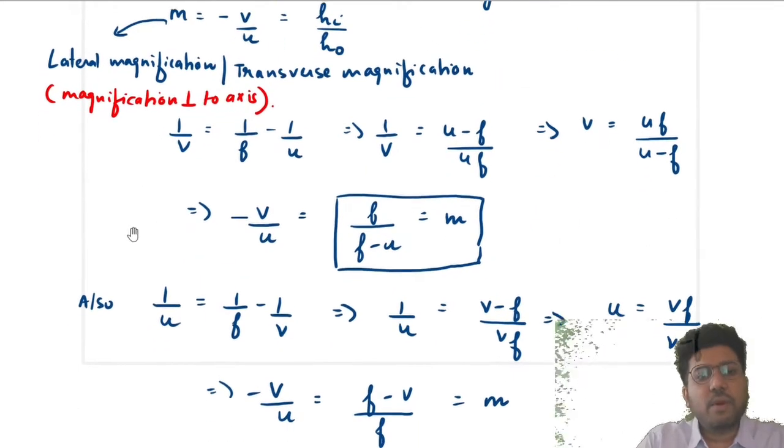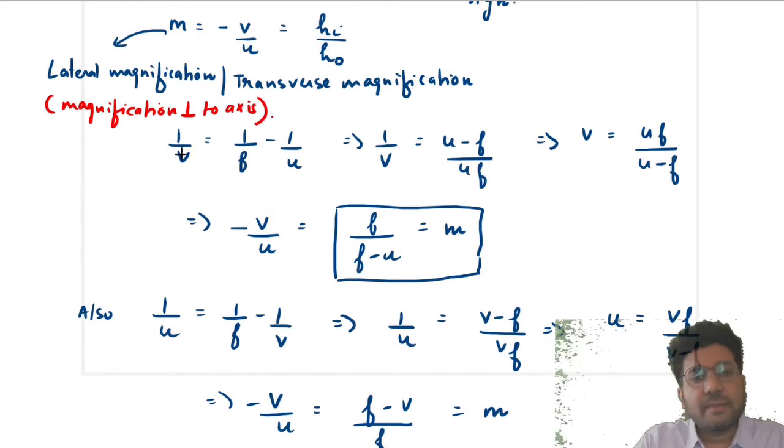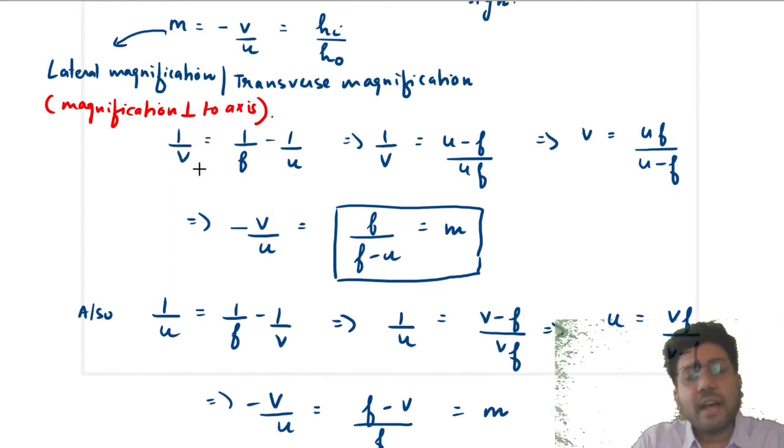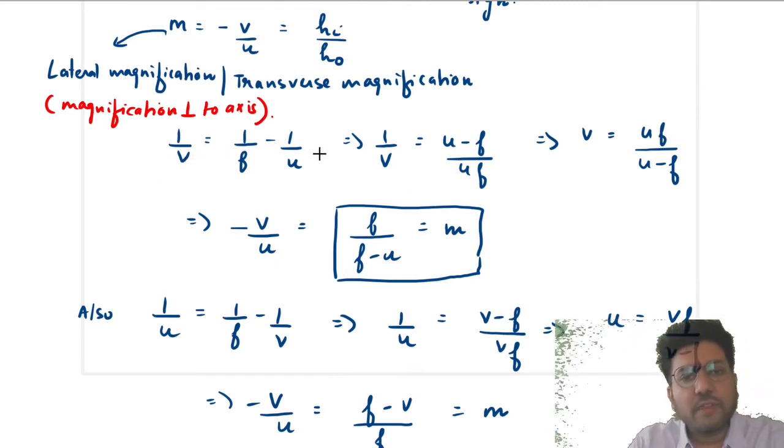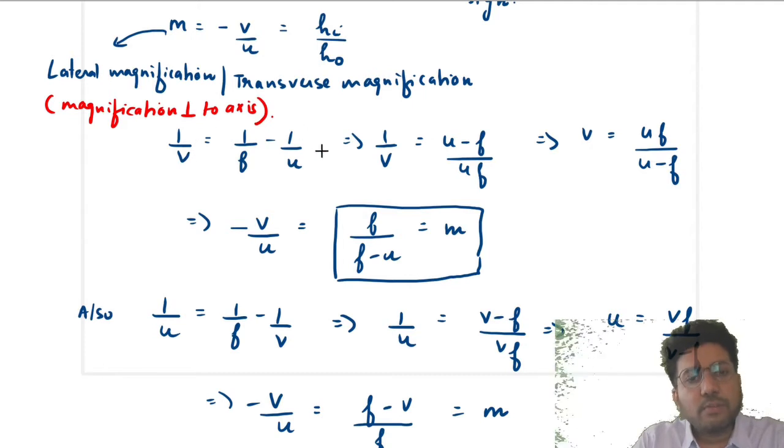Then there is one more important thing. Sometimes we are asked M in terms of U and F only. See, I'll tell you, 1 by V plus 1 by U is equal to 1 by F, right? If you take 1 by U to the right hand side, you will get 1 by V is equal to 1 by F minus 1 by U. That means 1 by V is equal to U minus F by UF, right?